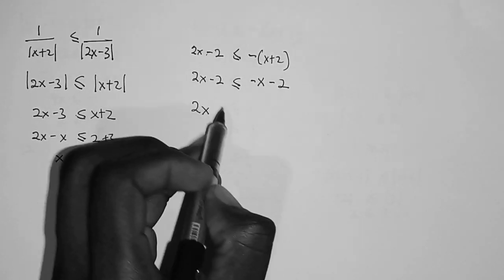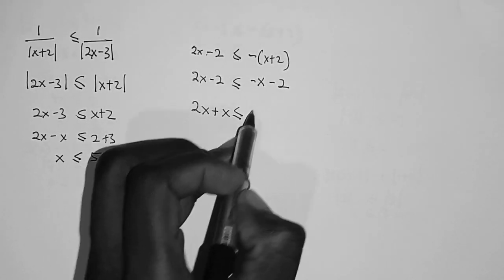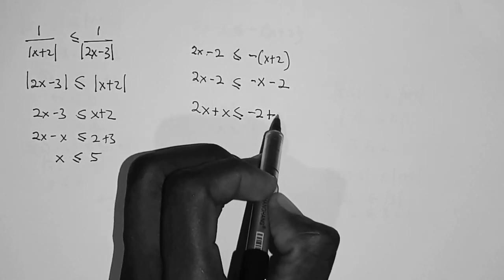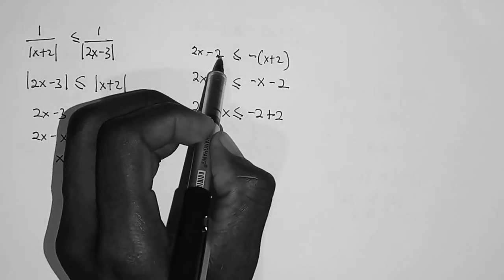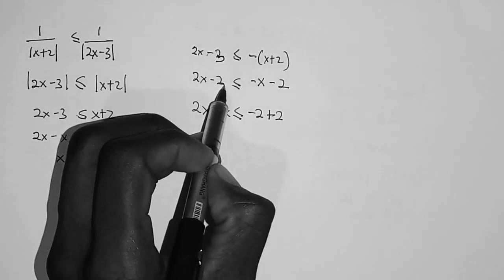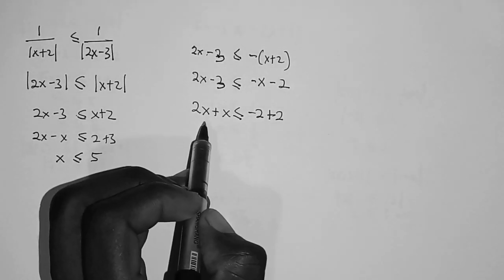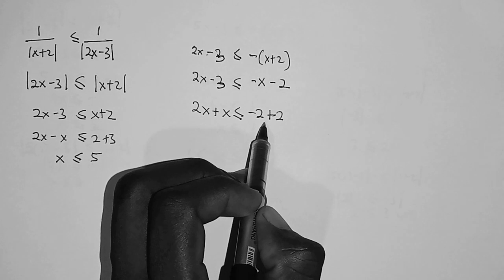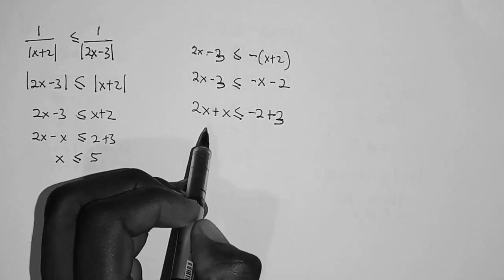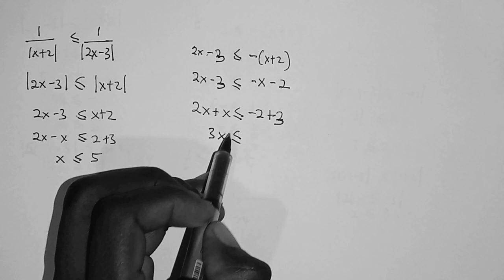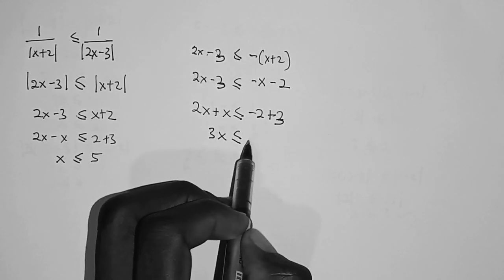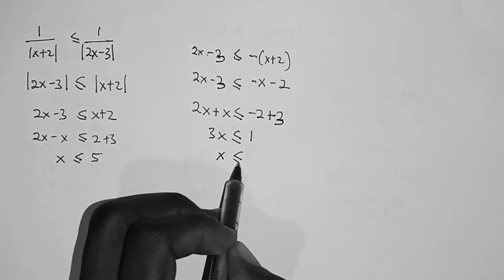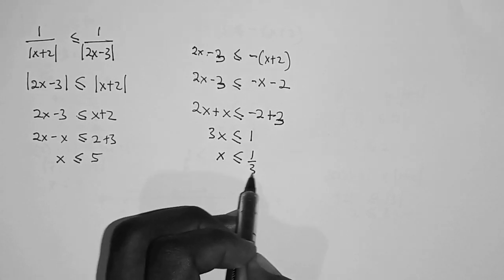Therefore 2x plus x, then minus 2 plus 3, so 3x is less than or equal to minus 2 plus 3 is 1. So dividing through by 3, we find out that x is less than or equal to 1 over 3.